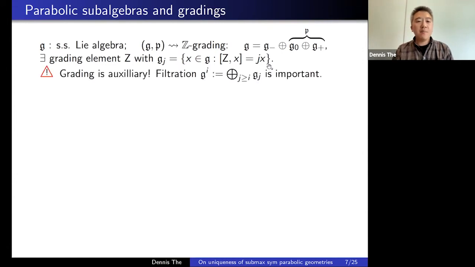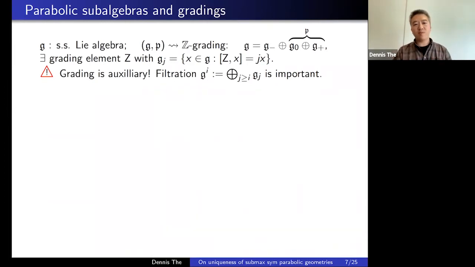Just a warning, however: this grading that I've introduced is just for convenience. What's more important is this filtration. The filtration is P invariant. The grading is not P invariant; it's only G0 invariant.